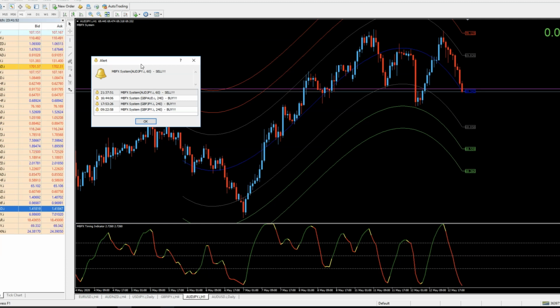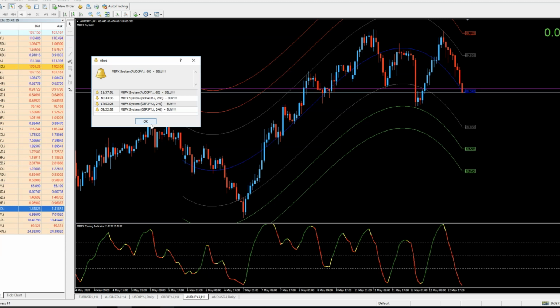I'm also going to share some examples. This new improved MBFX actually gives you an alert system that tells you to buy or sell. This only happens when you are on that particular chart.